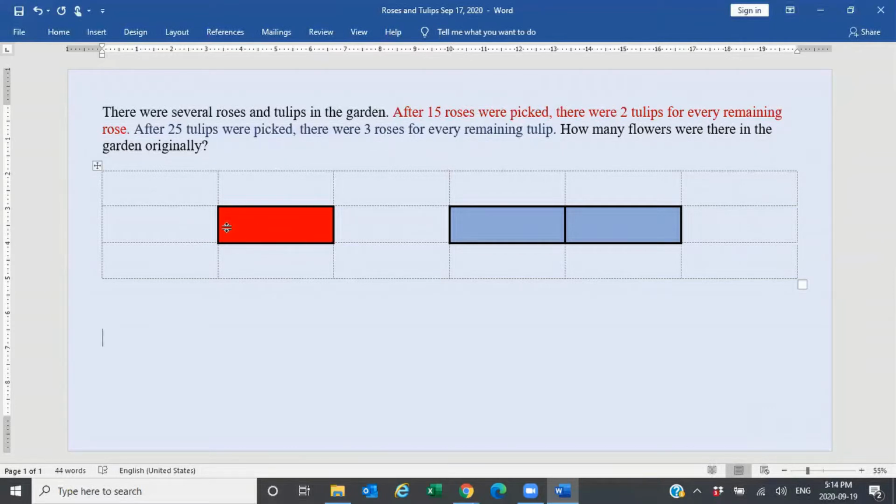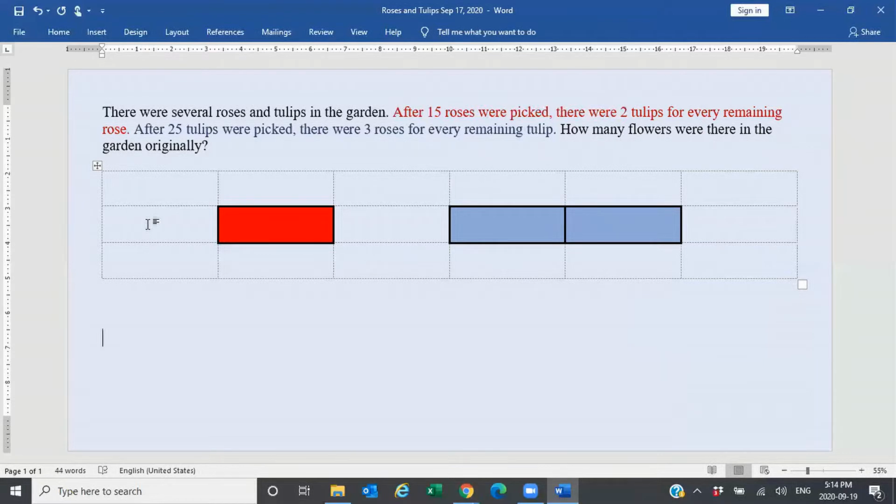This red rectangle represents the number of roses, and these 2 blue rectangles represent the number of tulips. Now it says for every rose there are 2 tulips. So for the number of roses, there's 1 rectangle, and for the number of tulips, I did 2 rectangles.